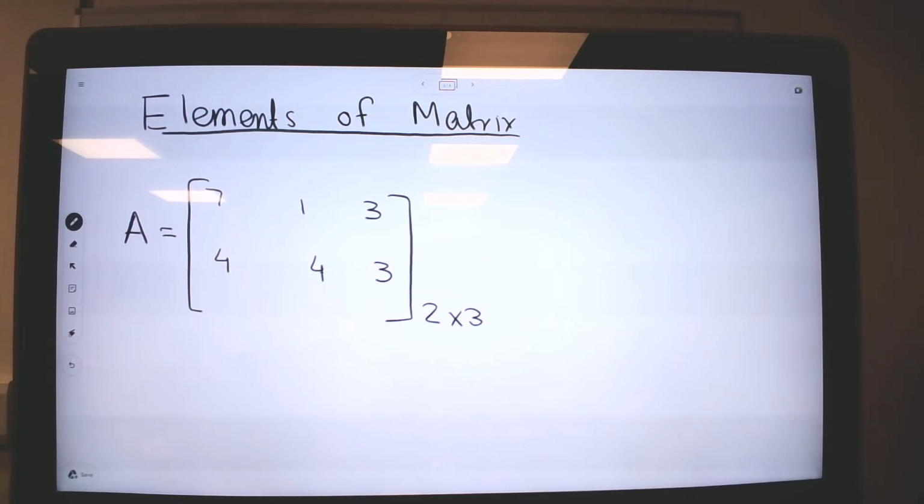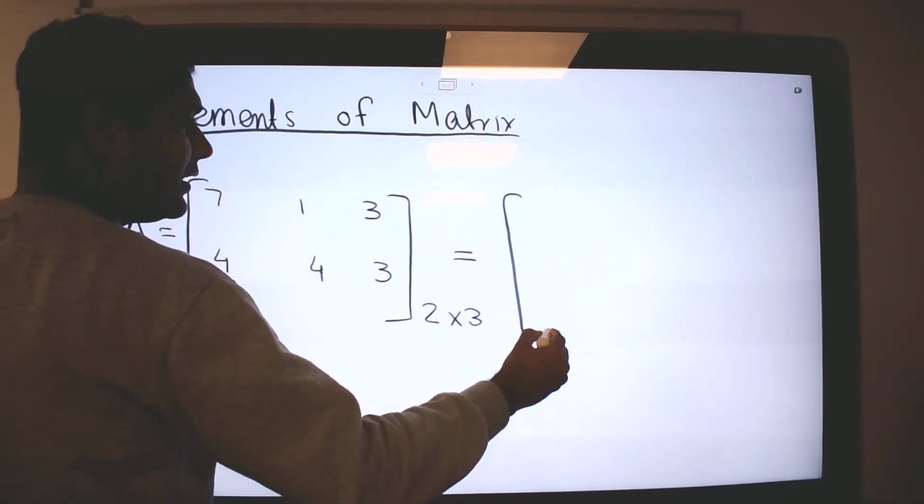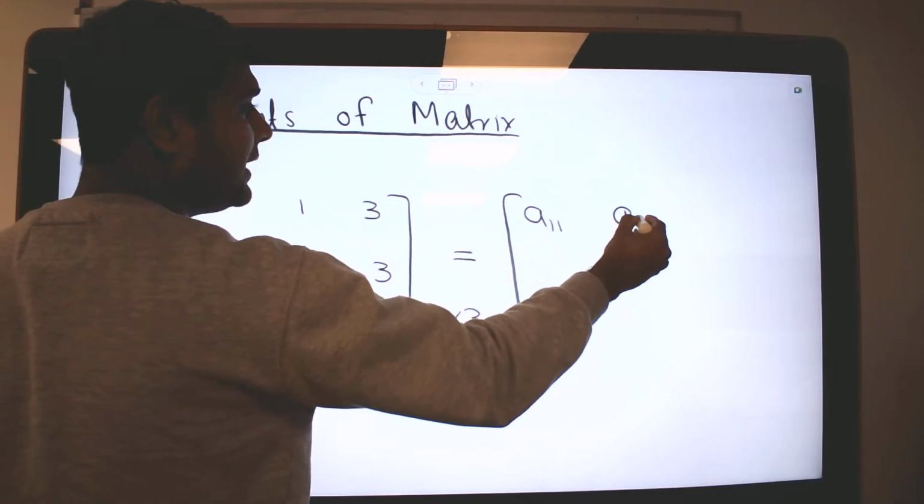For the elements of the matrix, I say, where's 3? And you say, which 3 are you talking about? There are 2 of them. Now I need to identify which element I'm going to pick. The way we do this is, because it's matrix A, I'm going to call it A11, first row, first column.